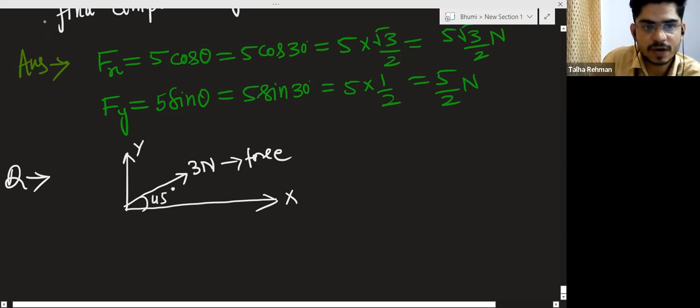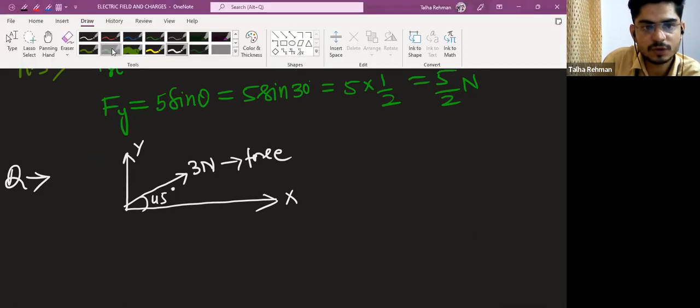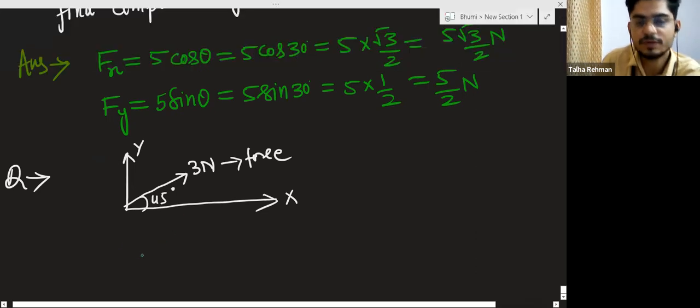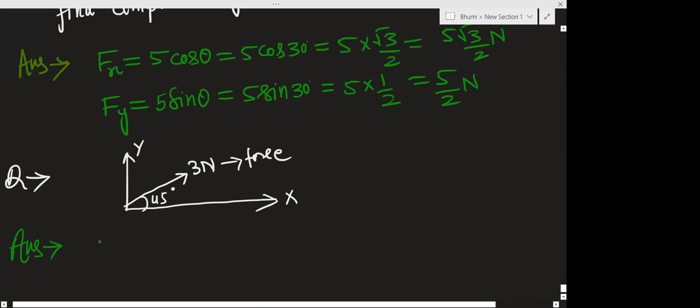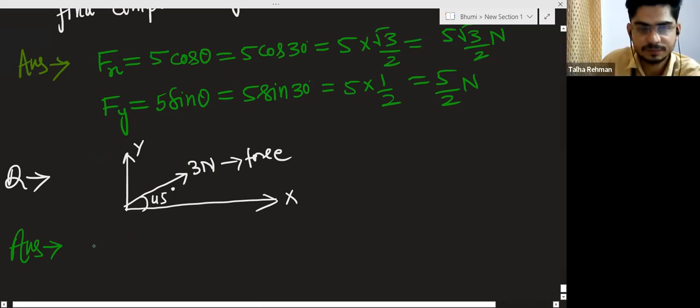And we have to find component of force along x-axis. Can you find component of this vector along x-axis? Bhumi? Yes, sir. How you will find? Please find. Along x-axis, what is the value? Please tell me.